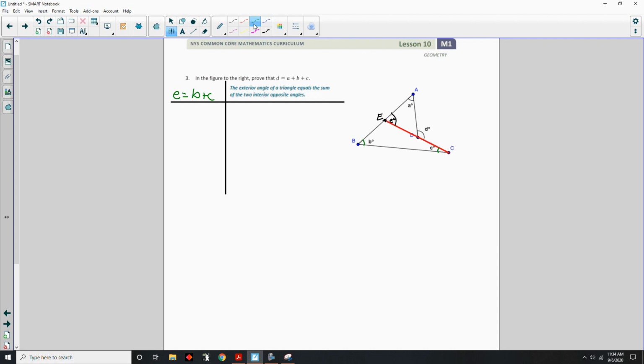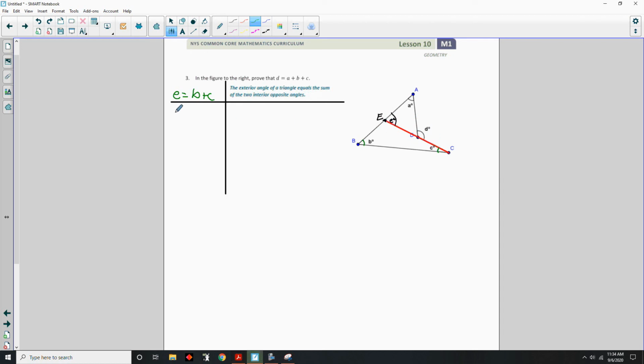Okay, whoop-de-doo, now what? Now we know that B plus C equals E. Here is an exterior angle to this triangle. So E's exterior to this one, because it's this side extended. But then if I look at this triangle, this side's been extended.